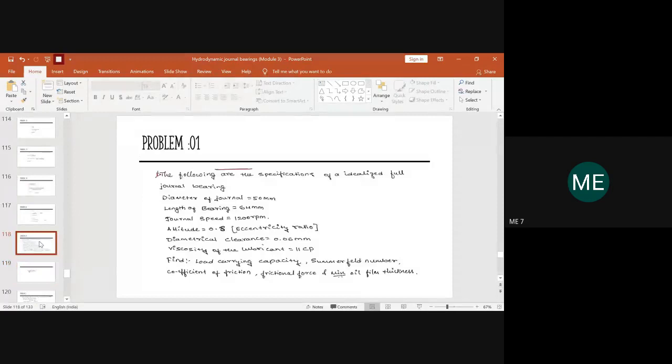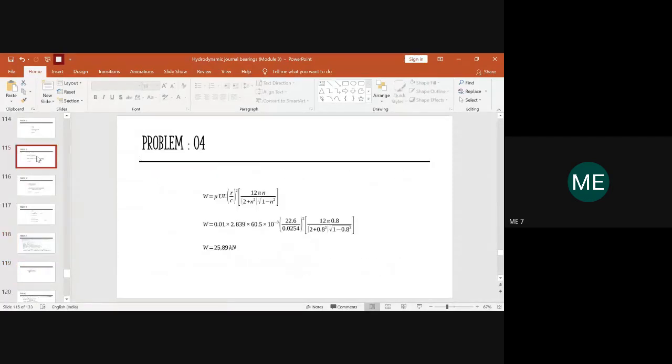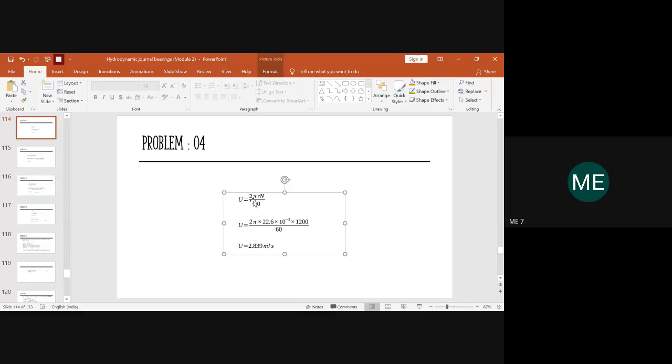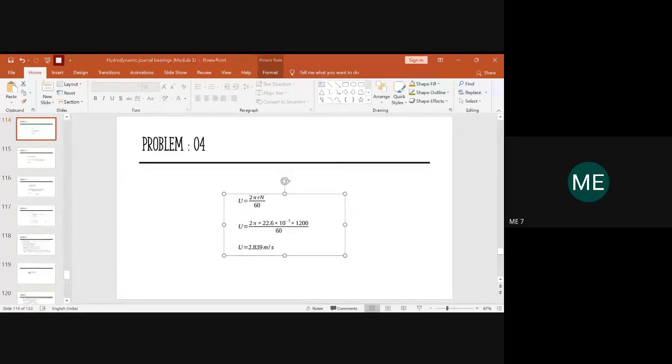What is the formula we use to determine U? Anyone? U is equal to 2 pi Rn upon 60. So use this formula: 2 into pi into R value into n upon 60.